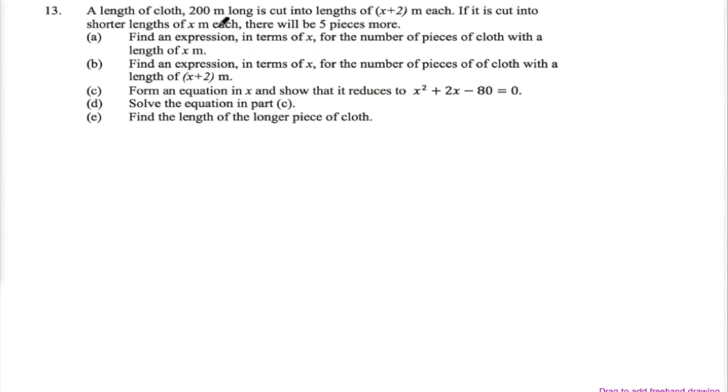In the last question, we have a length of cloth of 200 meters, and this is being cut into strips of length x plus 2, and if we cut it into lengths of x, we will have an extra 5 pieces.